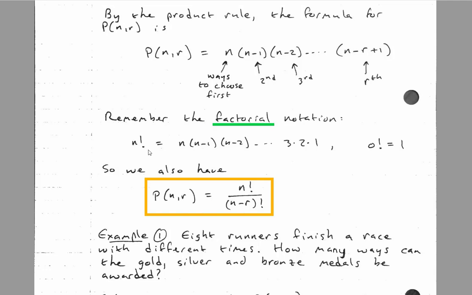So n factorial means n times n minus 1, n minus 2, all the way down to 1. So n factorial means the product of the first n positive integers, and also 0 factorial is defined to be 1.